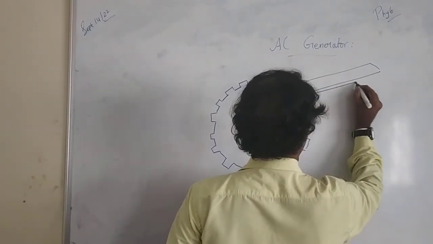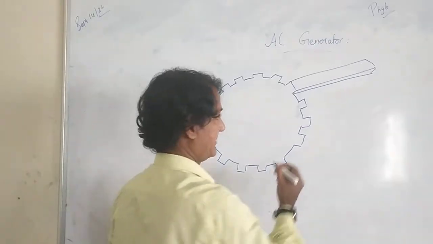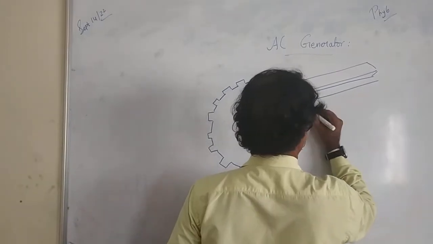So what I am drawing is the armature of the AC generator. You know what is meant by armature? I will explain later.